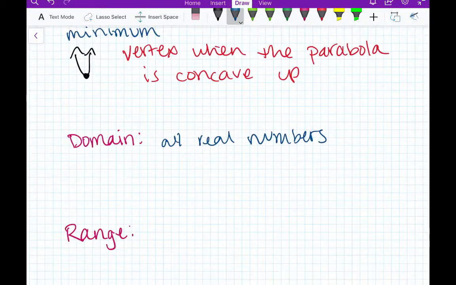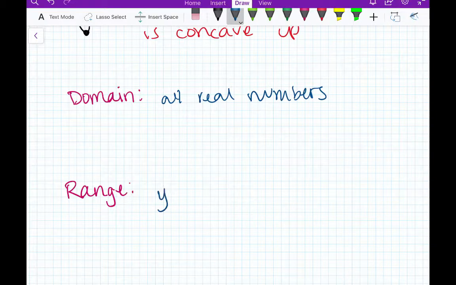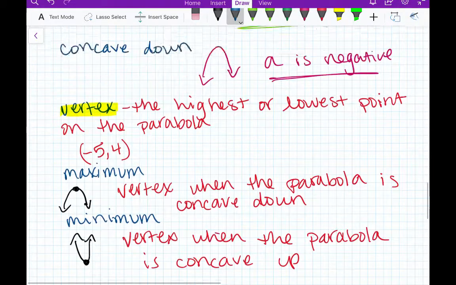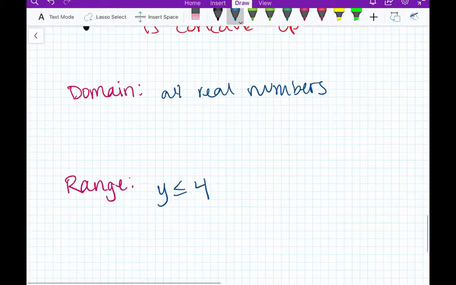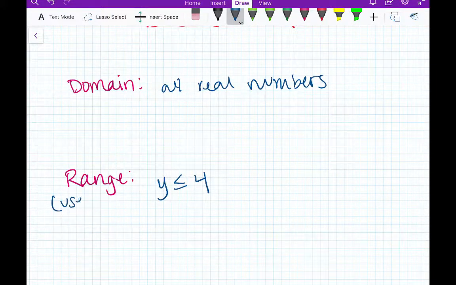So the range for this specific example is going to be y is less than or equal to 4. Again, there's only one boundary. So everything less than or equal to 4 is where the parabola lies. Those are the possible values. It cannot go larger than 4. So you're going to use the vertex to find the range.